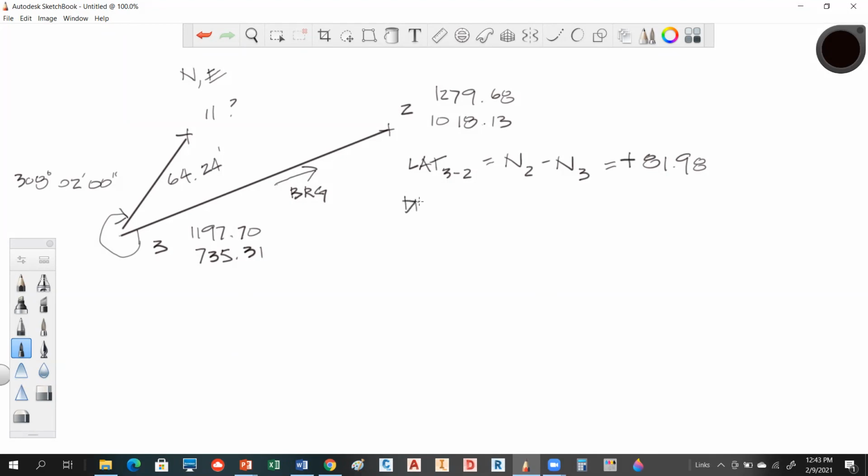So departure 3 to 2 is the eastings. So in this case, it's easting of 2 minus easting of 3, okay? So that would be 1018.13. Make sure I didn't transpose anything also.